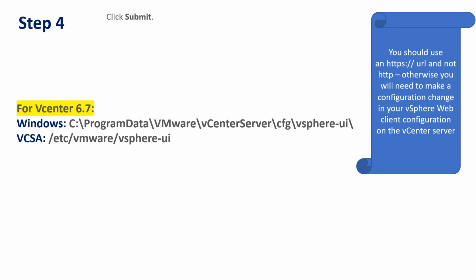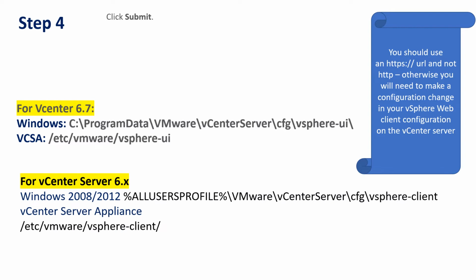It will be inside ProgramData, VMware, vCenter, CFG, then vSphere-UI, and inside that you will find the web client properties file. In 6.x on the vCenter appliance, you can find it inside etc, VMware, vSphere client. Inside that we will find the web client properties file.